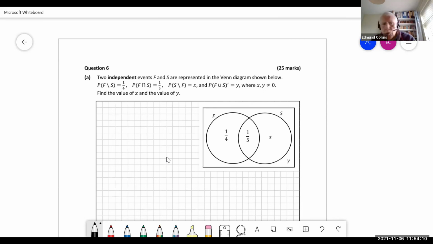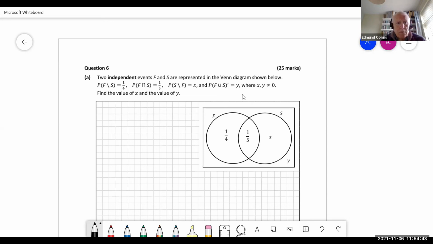So this is part A of the question. And it's a good question because it covers quite a bit of what we've been looking at over the last number of slides. It's a fair question, I think, but there's a little bit more working out in it than you would normally have with these questions. But anyway, we'll work away on it.